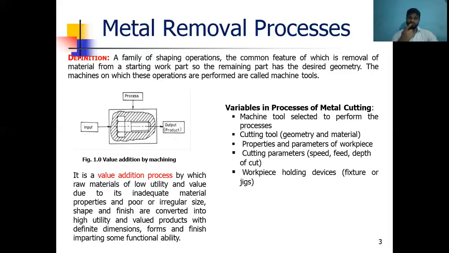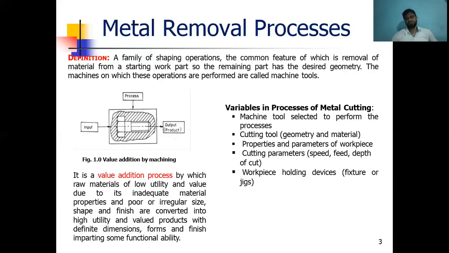The next one is properties and parameters of the workpiece, and the next is cutting parameters. What are the cutting parameters? I think you already know well from your previous semesters: speed, feed, depth of cut. These are the cutting parameters. The next one is workpiece holding devices, those are jigs and fixtures.